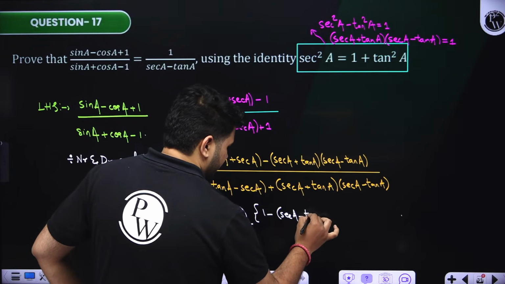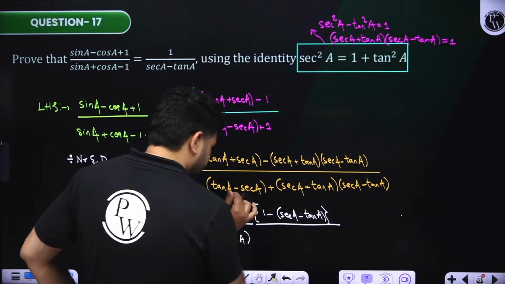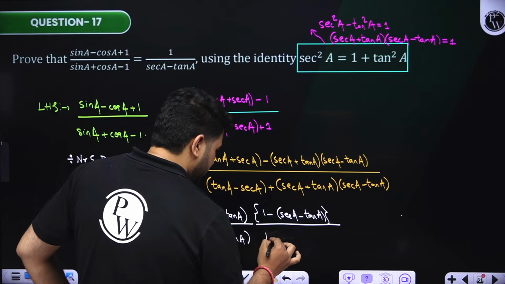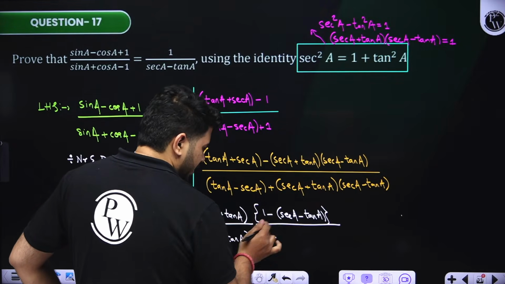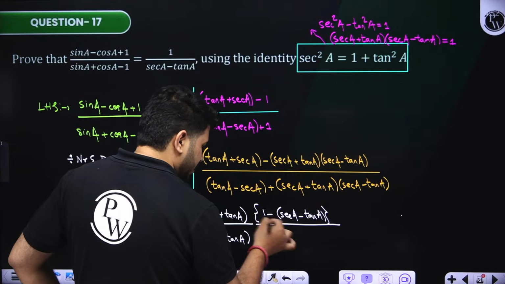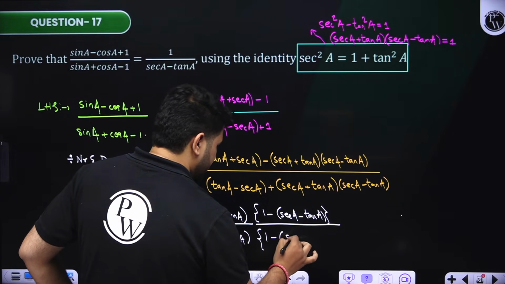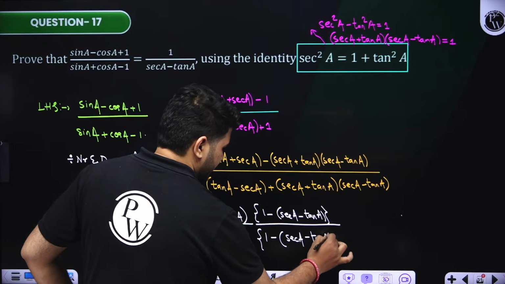minus tan a, correct? This is remaining over here. Here also, since we are taking the negative of this, the remaining common will be 1 minus, because this is minus 1 plus this. We are taking minus common and giving it to this term, so it will be secant a minus tan a. Clear?